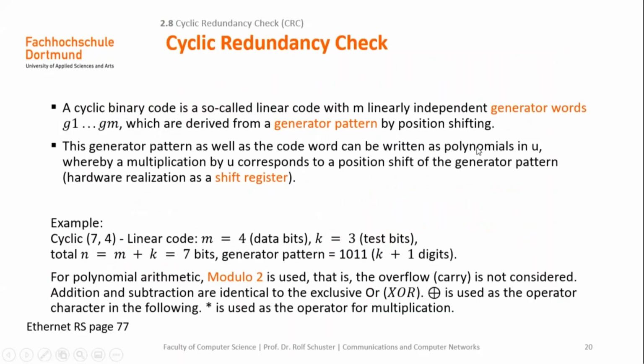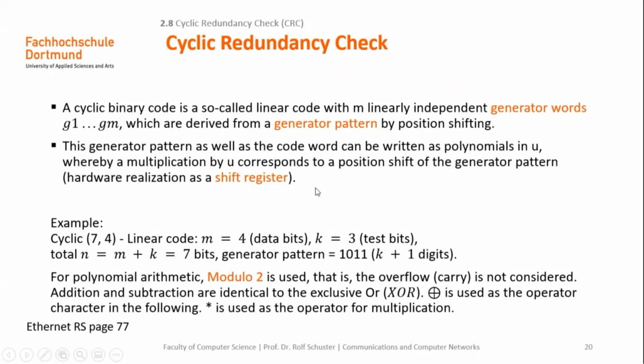The cyclic redundancy check is a so-called linear code with m linearly independent generator words, that is G1, G2, G3, up to Gm, that is m digits, which are derived from a generator pattern by position shifting.